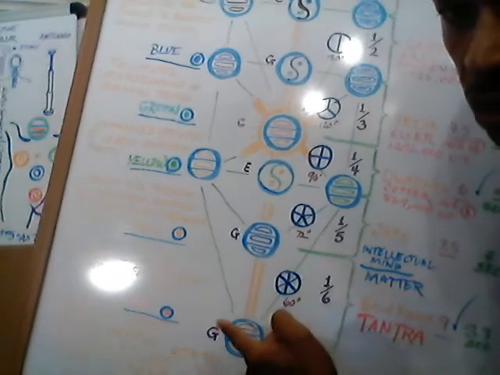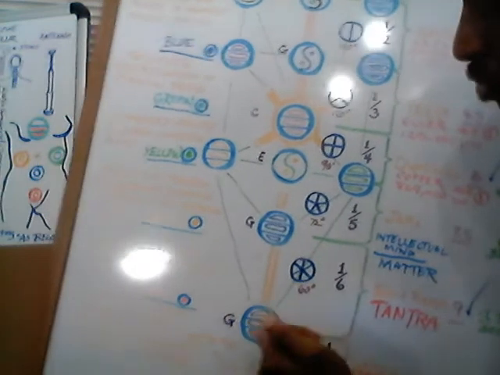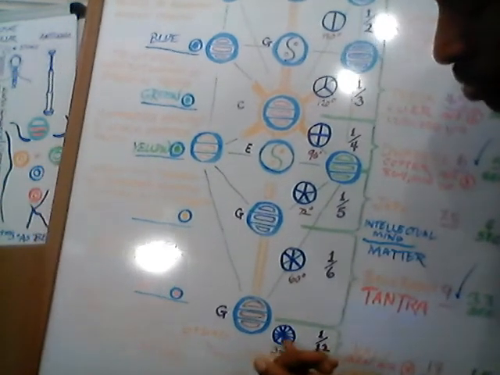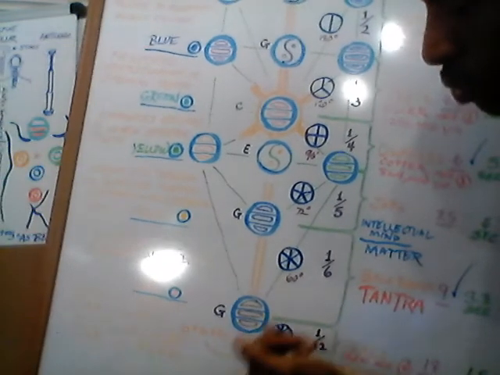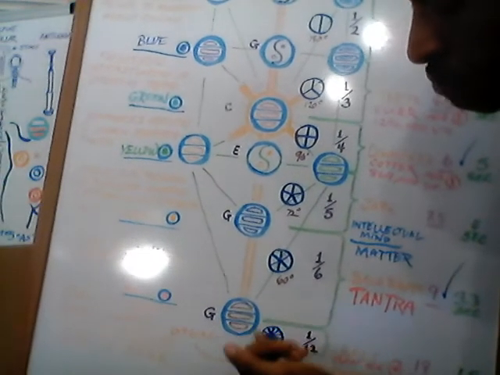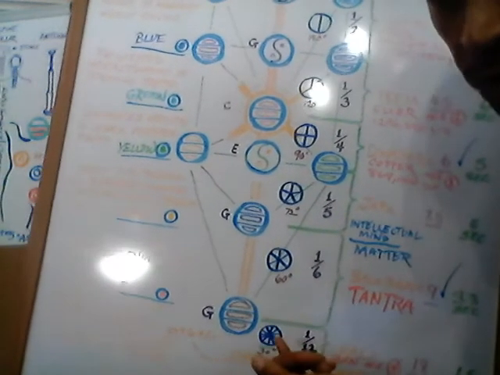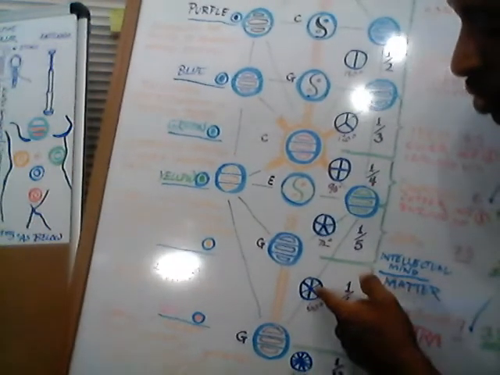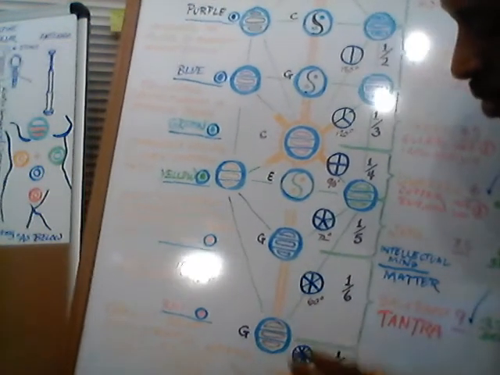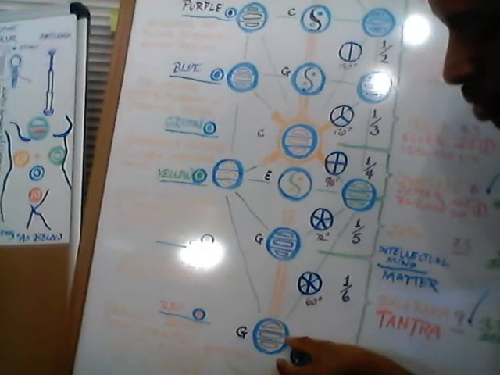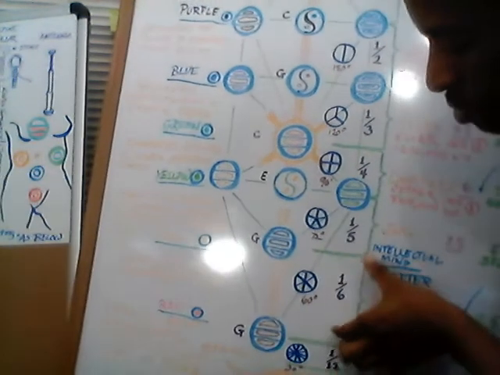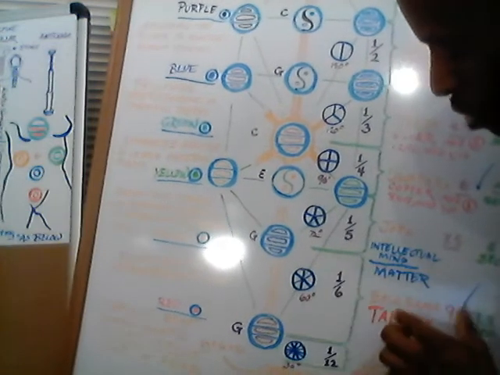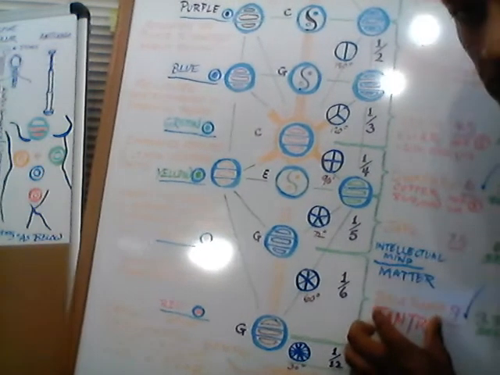We see the G notes at the 1/12th division, and we see the 30 degrees in the division of the whole breath. And we see the 1/6 division. Each division I've made so that it advances at the center of these, so that we can know what type of breath we can apply.